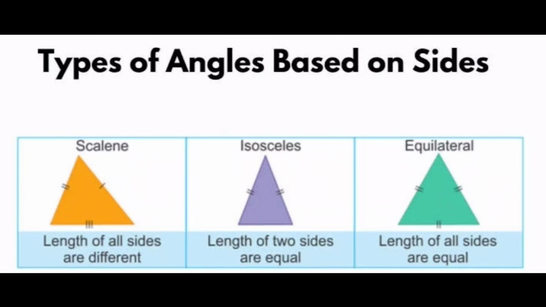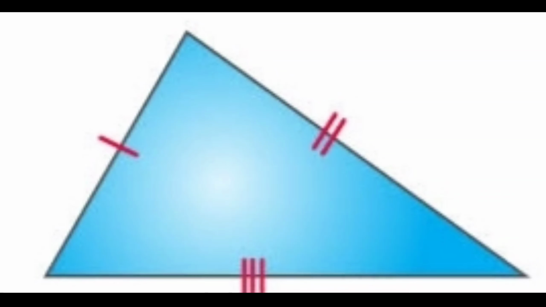The next one, the third type of triangle based on sides, is the scalene triangle. The definition of scalene triangle is: if all the 3 sides of a triangle are of different length, the triangle is called a scalene triangle.